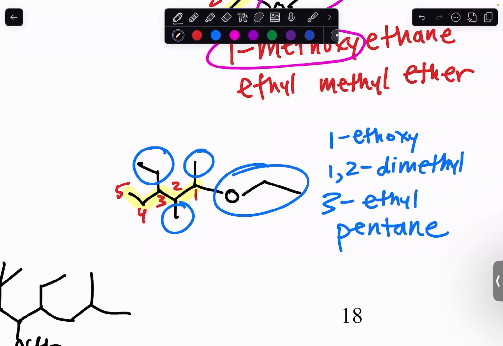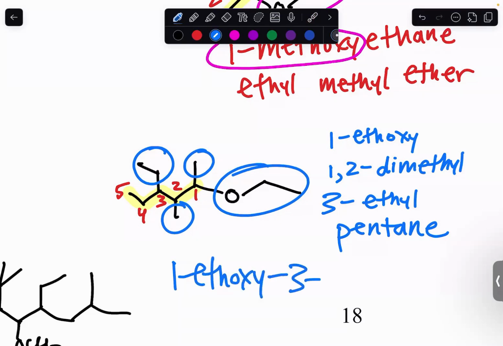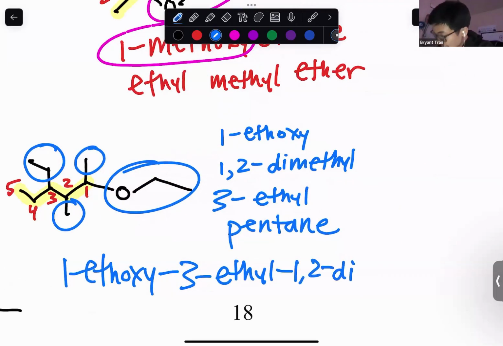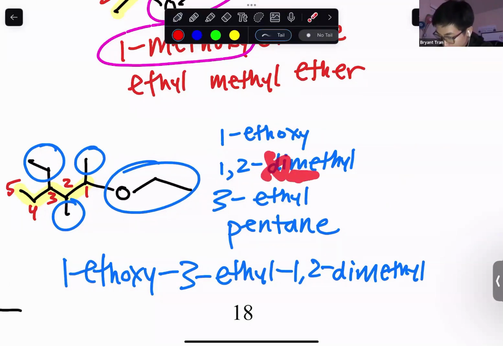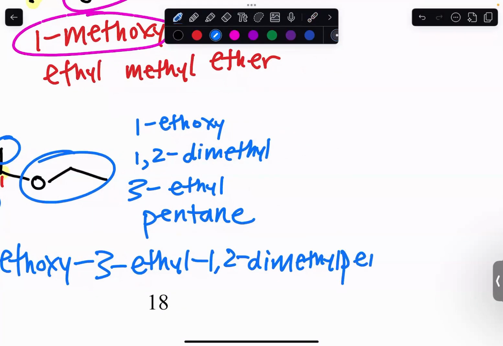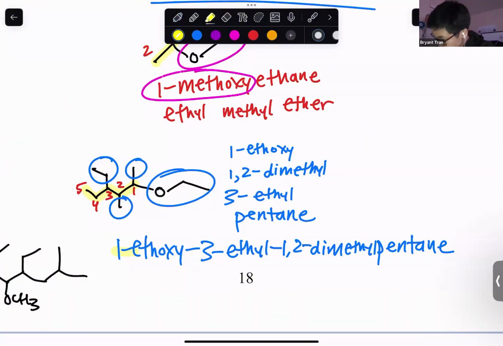So we would do 1-ethoxy, 3-ethyl, 1,2-dimethylpentane. Yes, and the D in di here does not count in the alphabetical order. We ignore that and we go to M, which comes after E. So that is correct, right? Yep. So that is the name for this ether here.